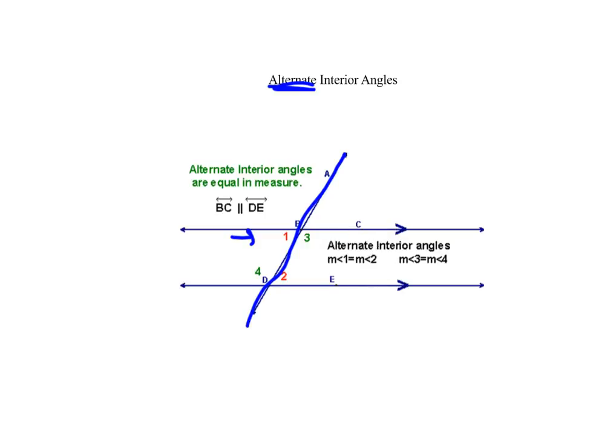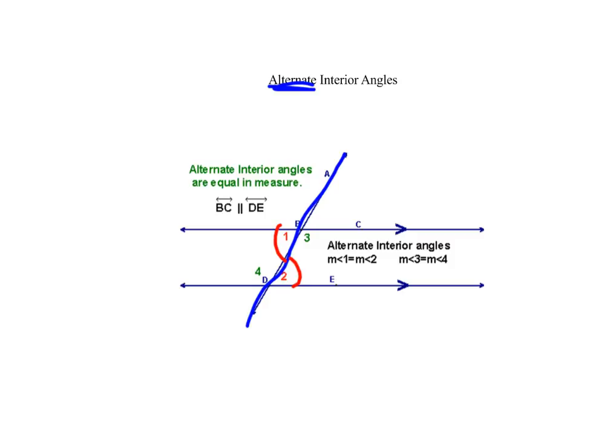And when we talk about interior angles, we're talking about any angles that are on the inside of the parallel lines. So on the inside of the parallel lines, I have angle 1. The alternate interior angle to that is going to be over here, so it's on the other side of that line. 1 and 2, since they're alternate interior angles, are going to be congruent, which means they're equal in measure.